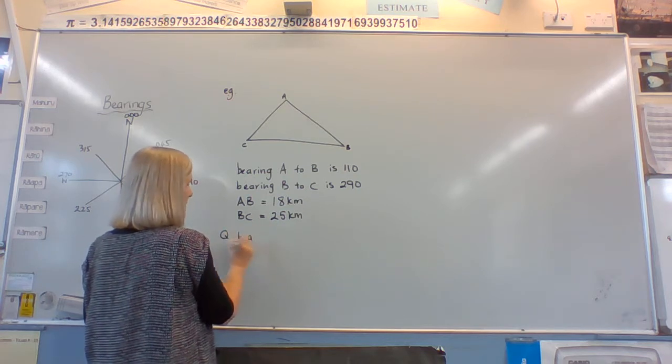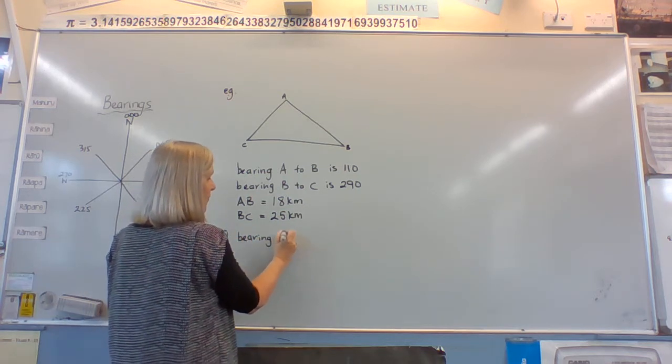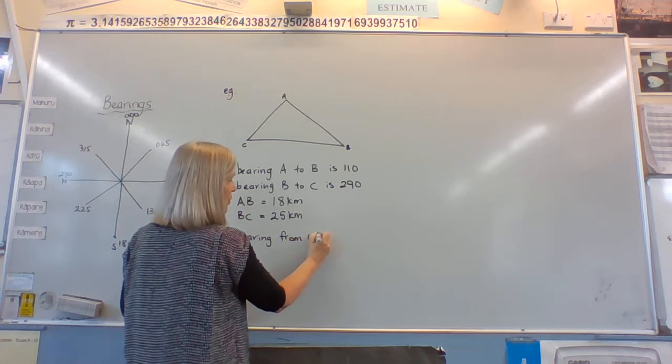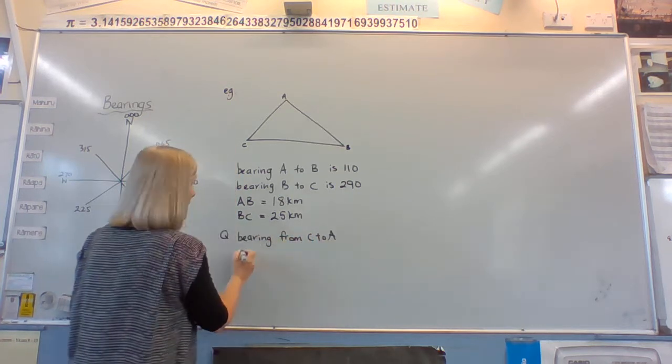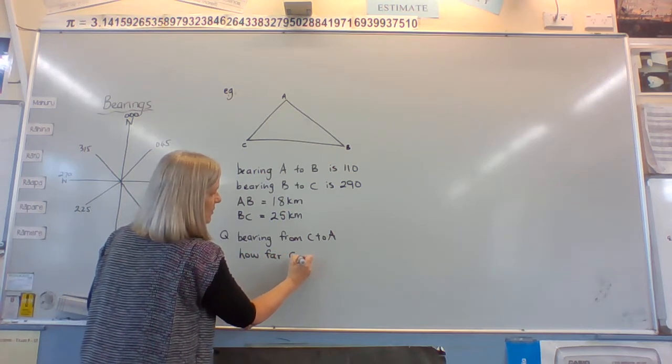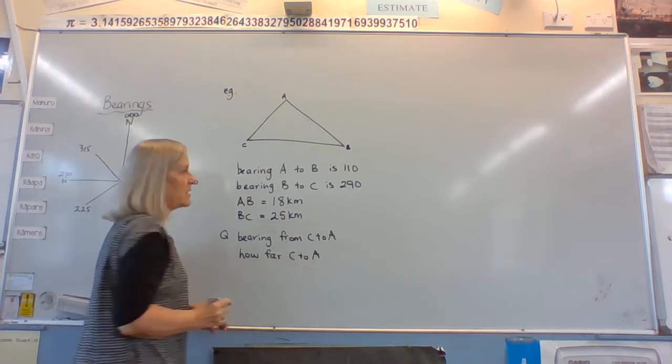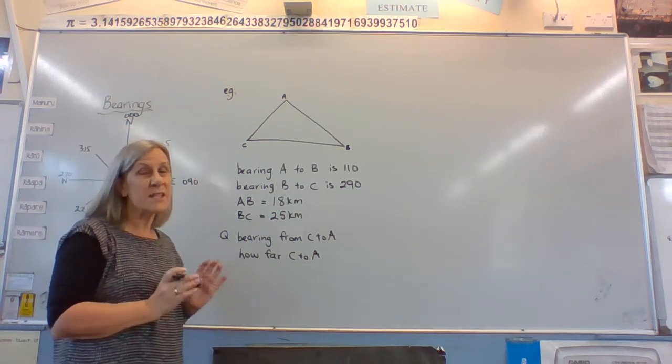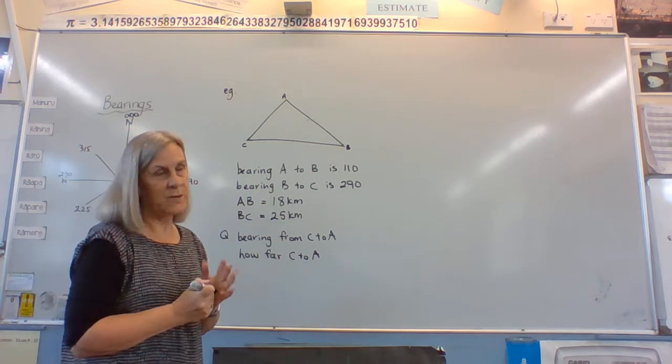So the question is, what's the bearing from C to A? And how far is it from C to A? Those are the 2 questions. Now, this is almost definitely going to be an excellence question.